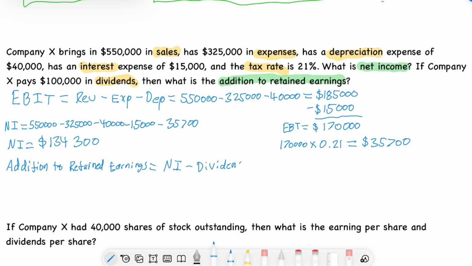If you've had an accounting course, you've probably seen that, and that's where it's going to be used more. So it's not too important here, but we've got $134,300 minus we pay $100,000 in dividends, and that's going to give us an addition to retained earnings of $34,300.